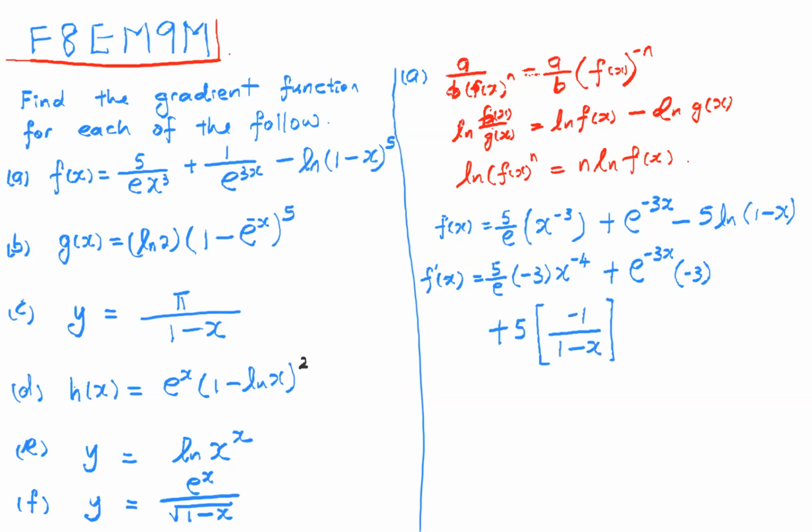You don't have to rush. You just slowly talk to yourself. Okay, it's -5. Yes, young man, I'm wrong. Thank you. It should be minus.